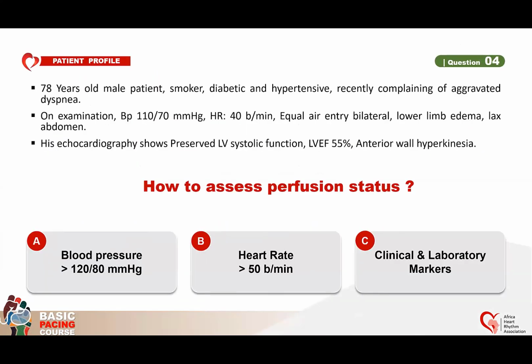So the question now would be, how would I assess the perfusion status and the need for chronotropic or temporary pacemaker? Would you rely on blood pressure limits? Would you rely on a cutoff point of heart rate, or on clinical and laboratory markers?